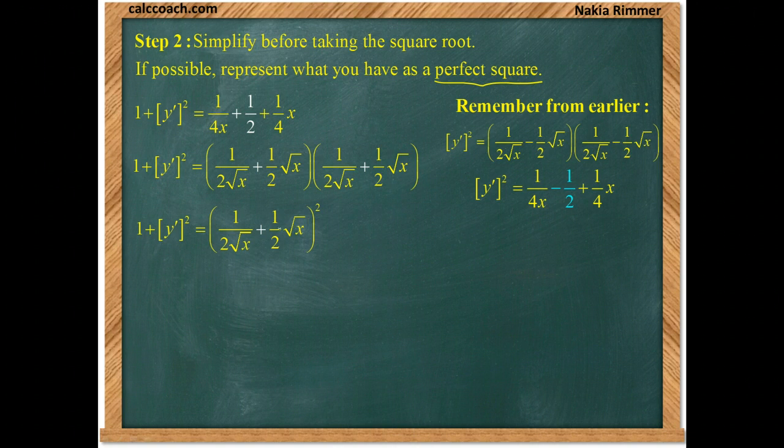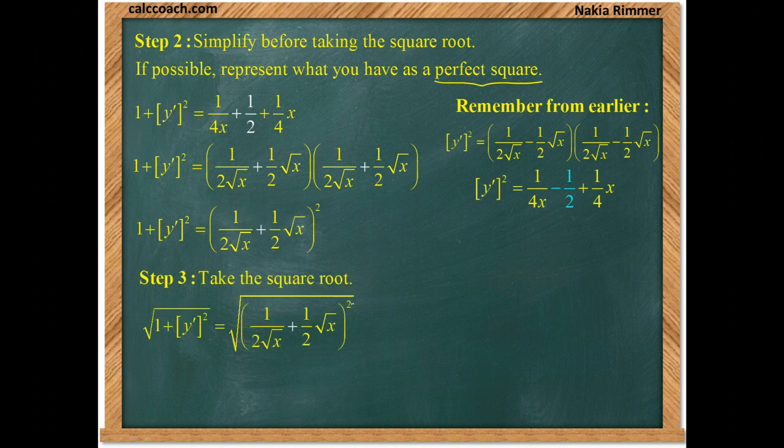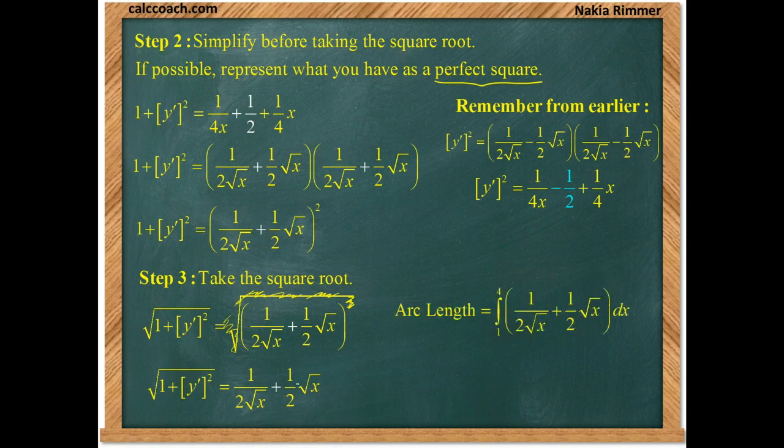So that when it comes time to take the square root of both sides, the perfect square operation will cancel out the square root operation, and we end up with just what's underneath. And that's what we integrate. The starting x was x equals 1. The ending x was x equals 4.